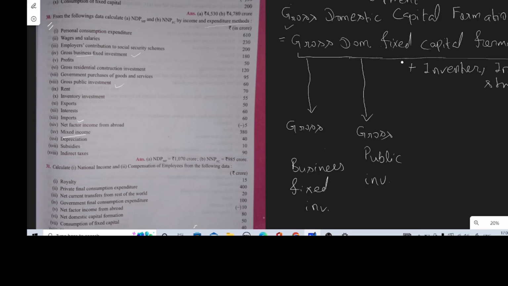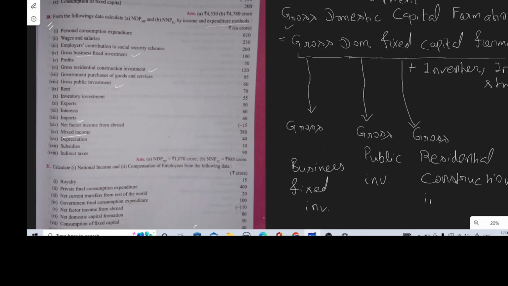Then third, individuals or households may also have fixed investment, and that is the investment of households on construction of residential houses, and that is named as gross residential construction investment.